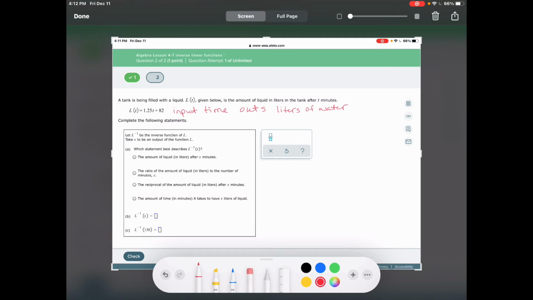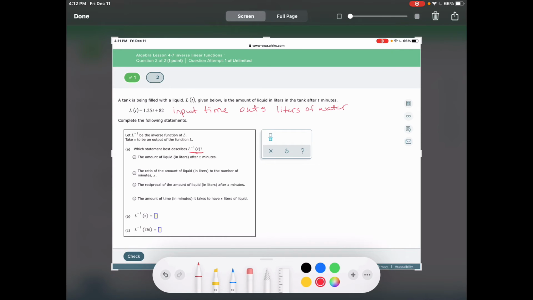So it says let L inverse be the inverse function of L. Let X be the output of the function of L. Which statement best describes the inverse of X?